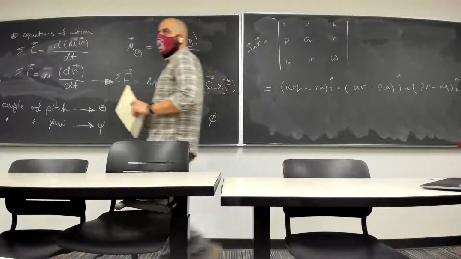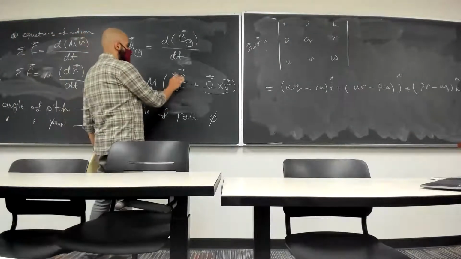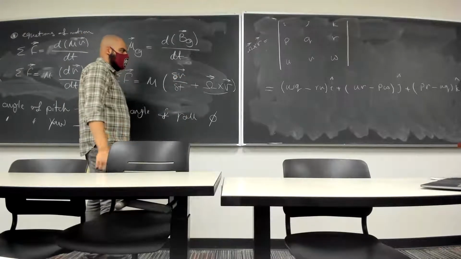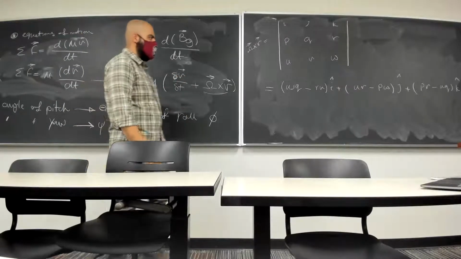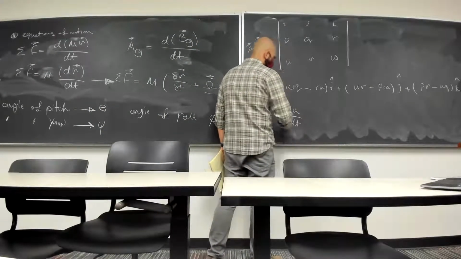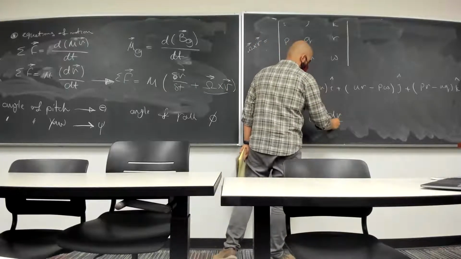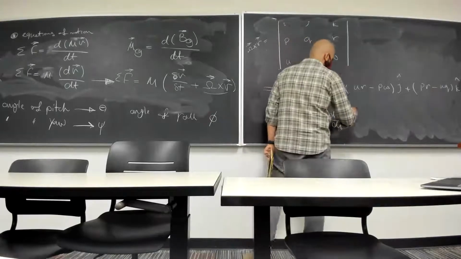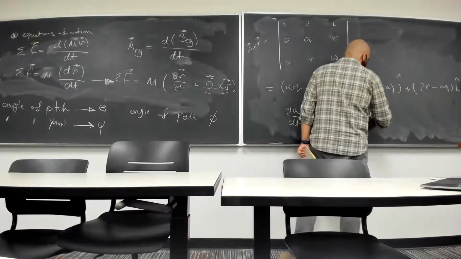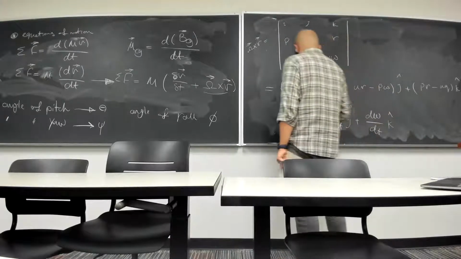So that is the cross product of your angular velocity and linear velocity, or velocity for that matter. What about this partial v, partial t? It is actually a partial of a vector, so it will be du/dt i plus dv/dt j plus dw/dt k, or partial w.